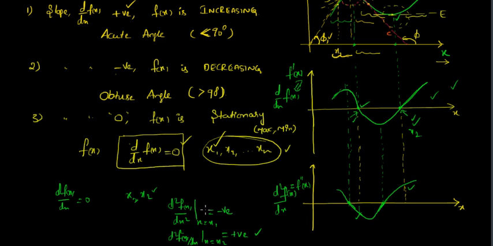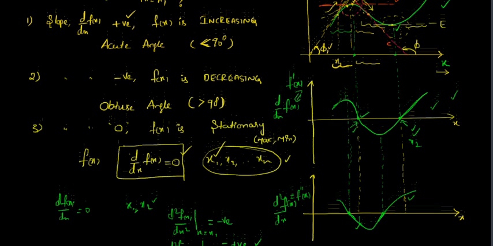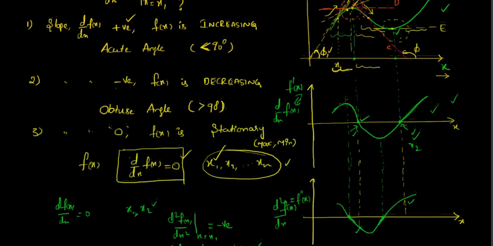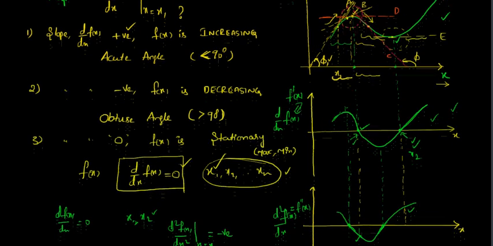This x2 corresponds to this function's minimum value. So this is how we can say which point corresponds to maximum and which point corresponds to minimum. Now if you look at this carefully, there are some terms to define.